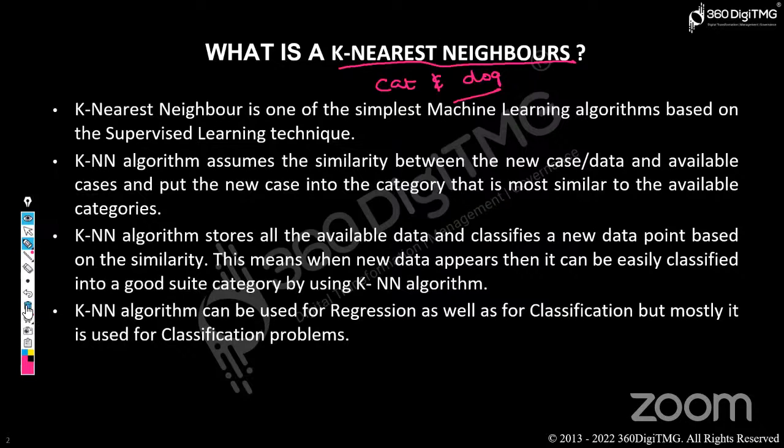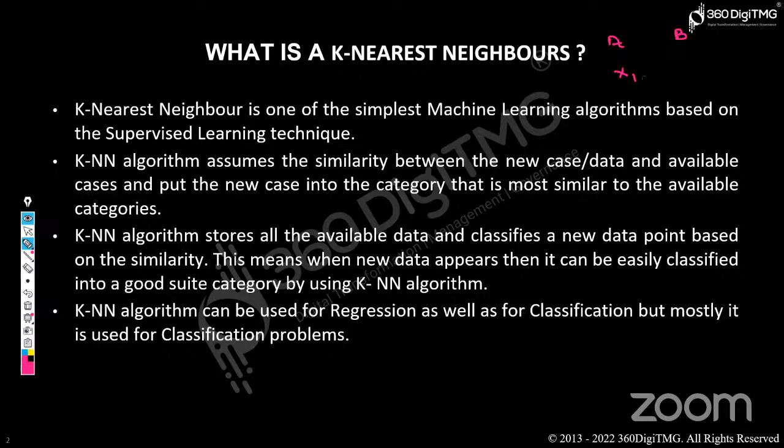Suppose we have two categories, category A and category B, and we have a new data point, say x1. Which of these categories will this data point lie in?